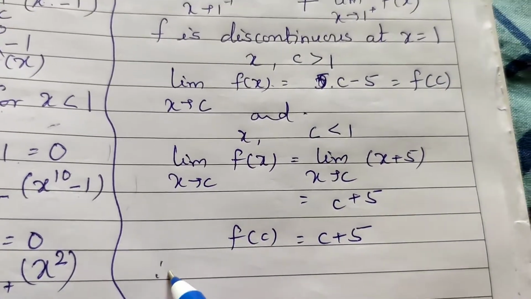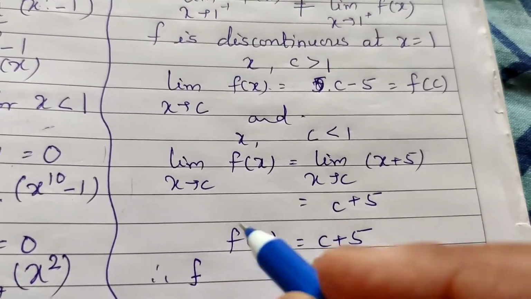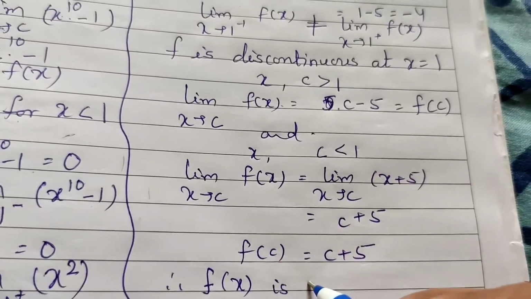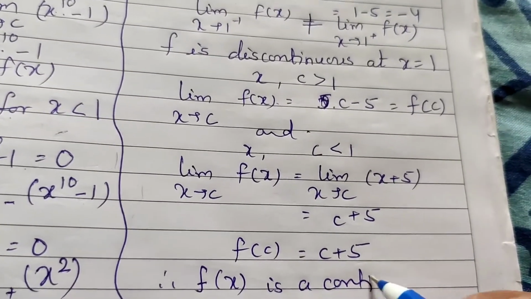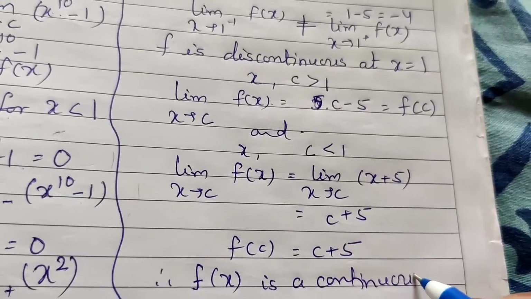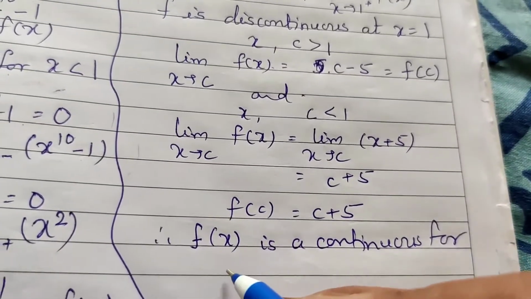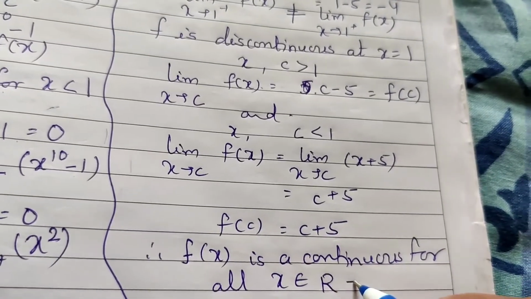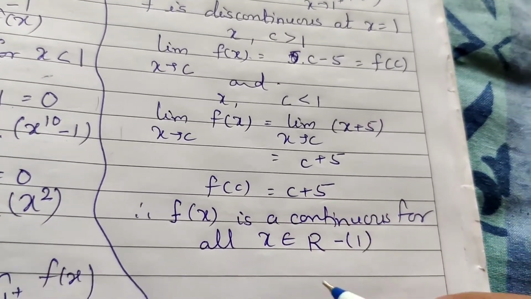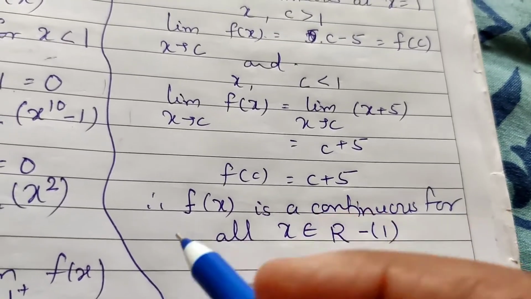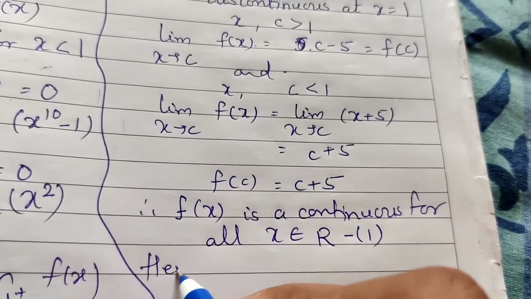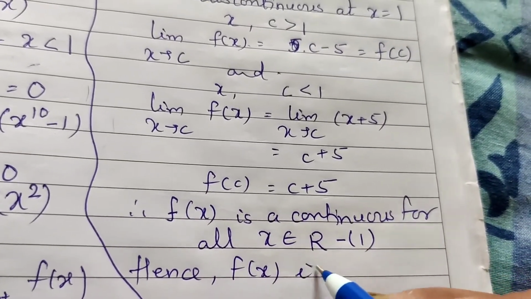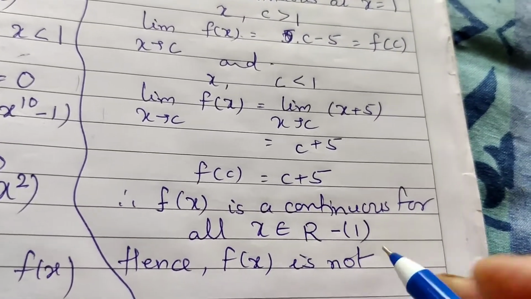Therefore, the function is continuous for all x belonging to the real numbers except 1. Hence the function f(x) is not continuous.